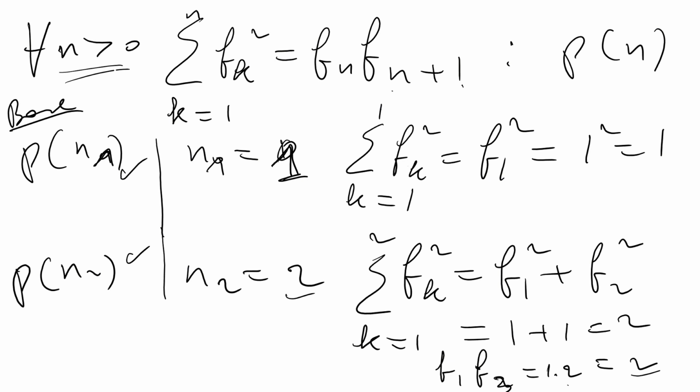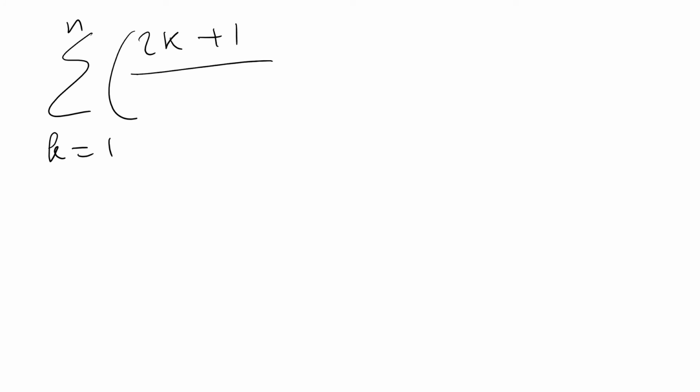Okay, so this last minute I'm going to use to give you some hints about what you have for the homework. So there's something that you have to consider on your homework. You have this summation of k equal to 1 up to n of (2k+1) over k squared (k+1) squared.